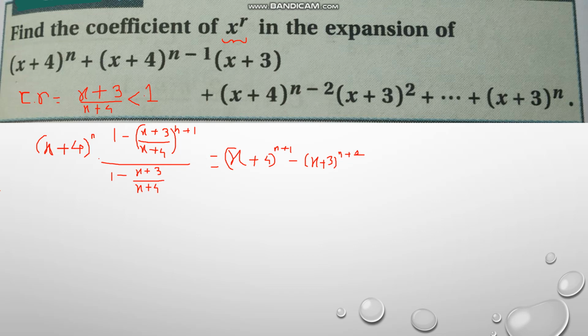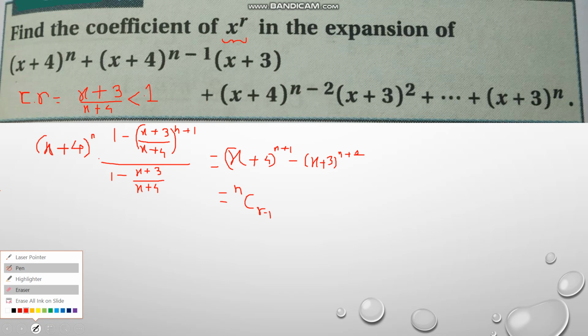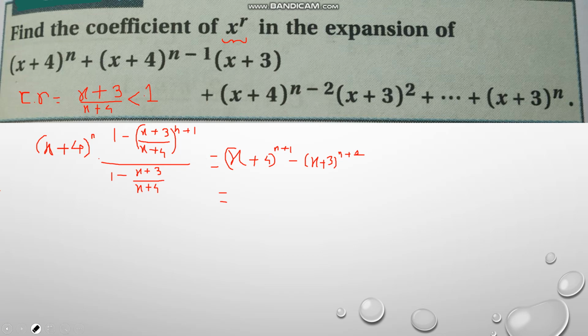Now let's write the expression here, a very big expression. I am writing the general term of this expression. Let me see how one can approach this question.